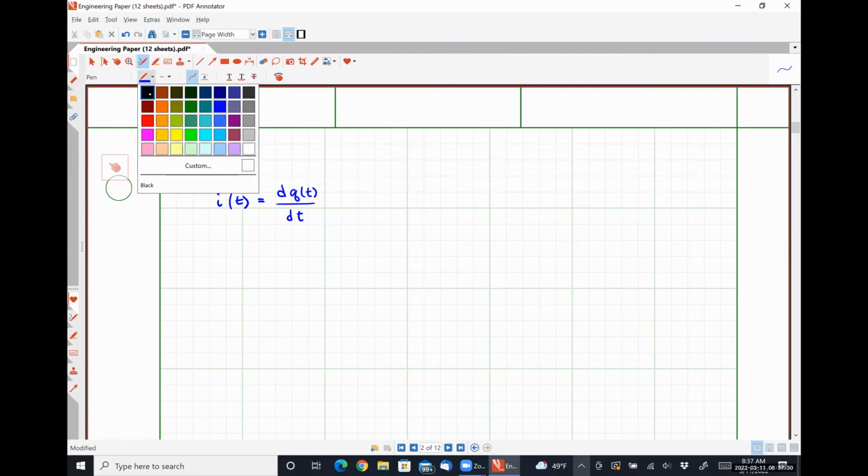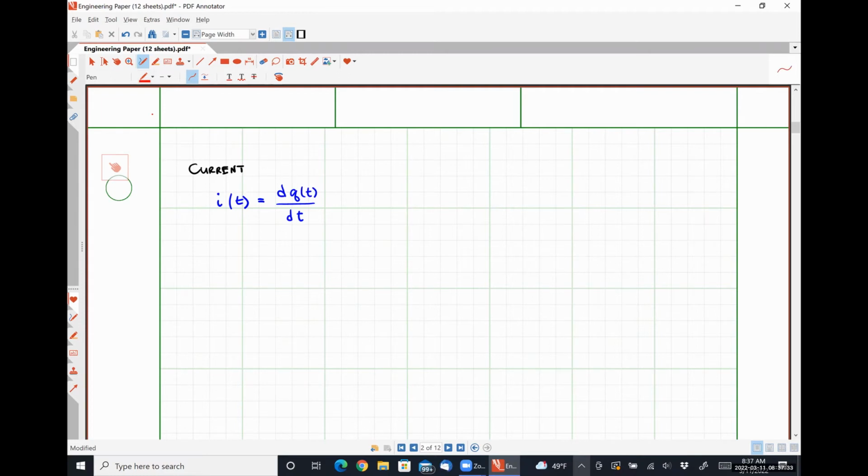Current can be defined verbally, I guess, as the time rate of change of charge flow in a system, which obviously makes sense because the derivative operation tells us what the rate of change is, right?